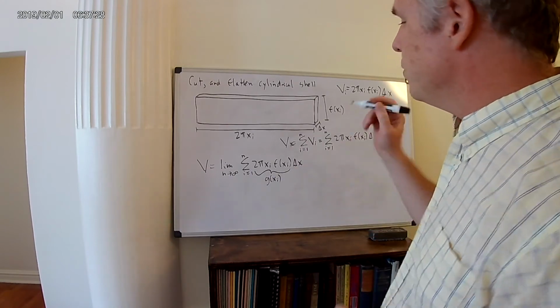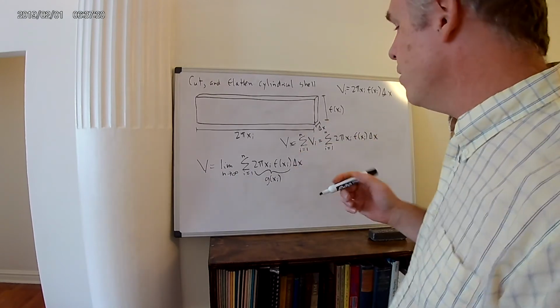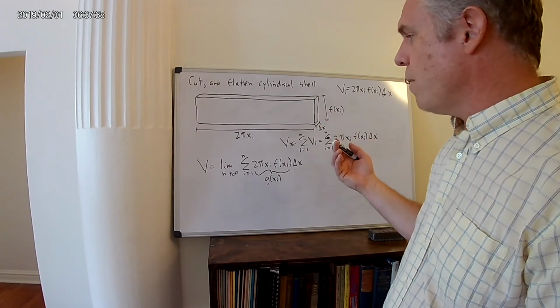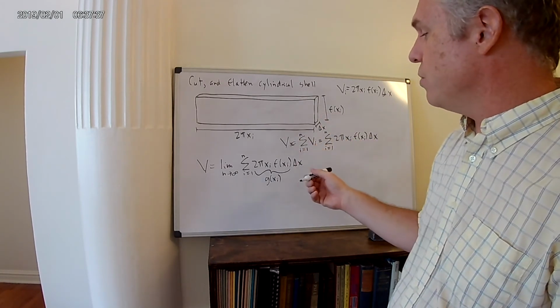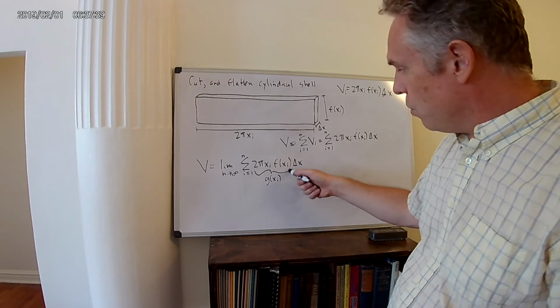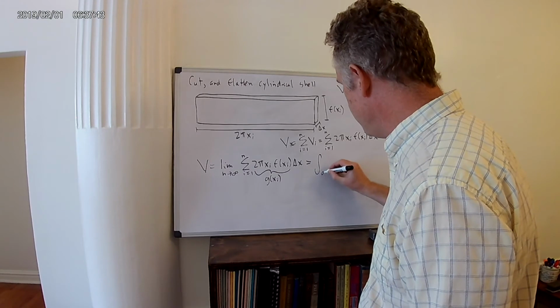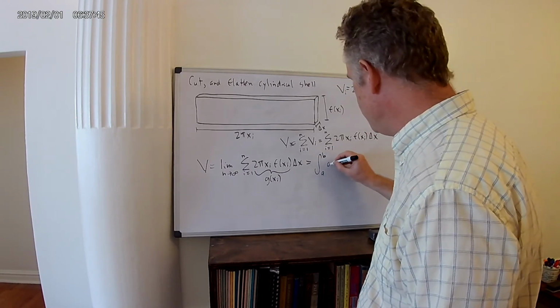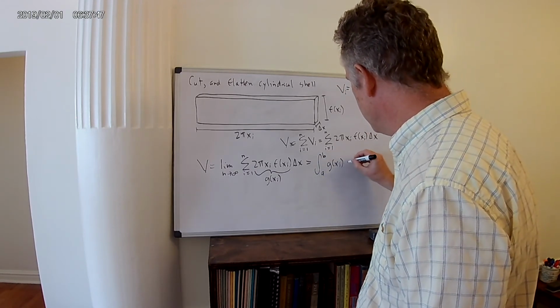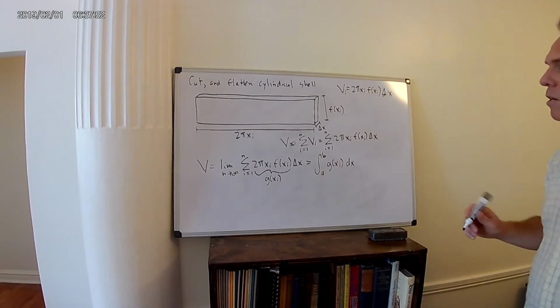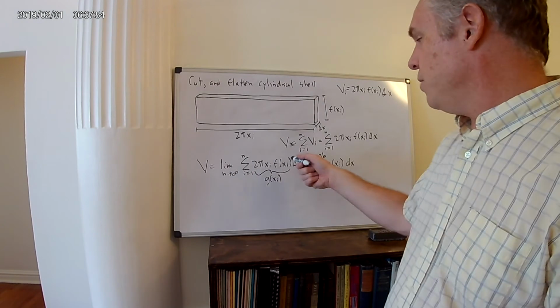Okay, this is simply the definition of the definite integral of g. Go back to chapter 5. This is just the definition of the definite integral of this whole function. So I can write this as the definite integral from a to b of g of x sub i times dx. So our delta x turns into dx. But g of x sub i is just equal to this.